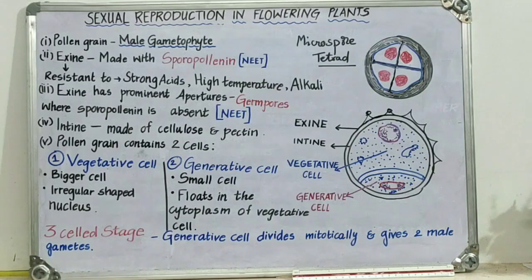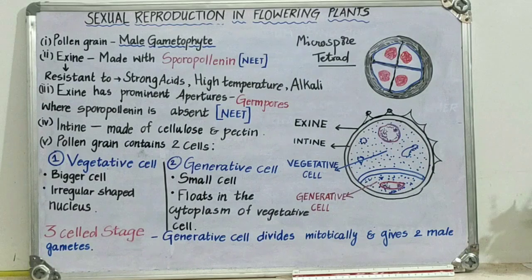Later, the inner wall called intine, made of cellulose and pectin, I told you. When the vegetative cell and generative cell are present, we call it a two-celled stage. The generative cell divides mitotically and gives two male gametes before the pollen grain is shed. Then this is called the three-celled stage.